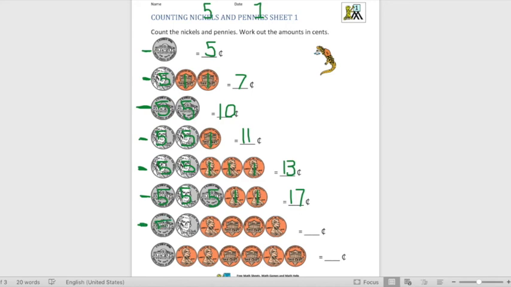We have 5, 5, 1, 1, 1, 1. 5, 10, 11, 12, 13, 14. 14 cents.